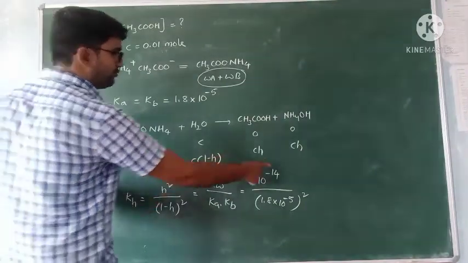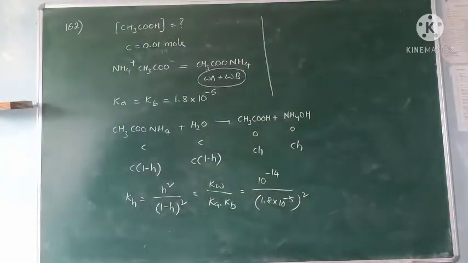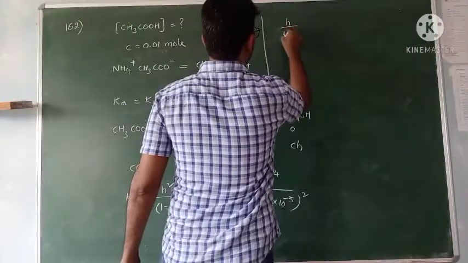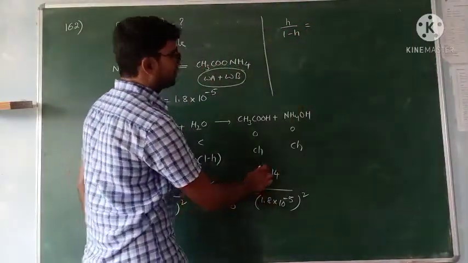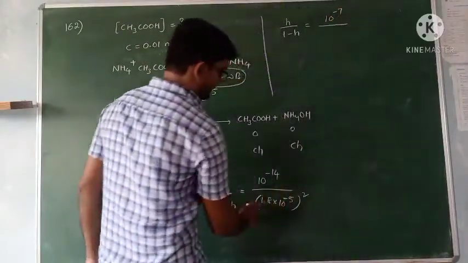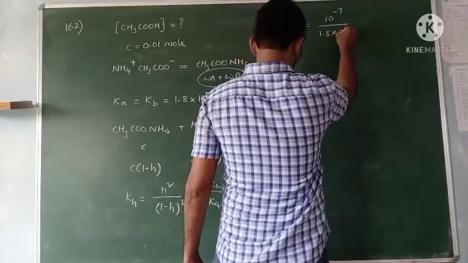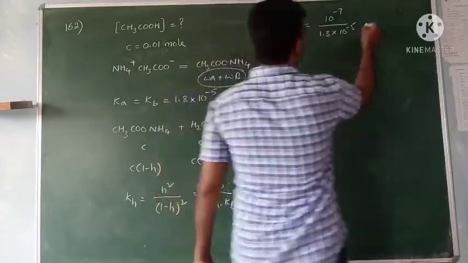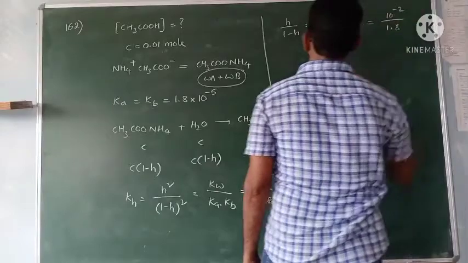So h square by 1 minus h whole square. Taking the square root, h by 1 minus h is equal to the square root of 10 to the power of minus 14, which is 10 to the power of minus 7, by 1.8 into 10 to the power of minus 5, since the square is cancelled. The 10 power moves up, so it is 10 to the power of minus 2 by 1.8.